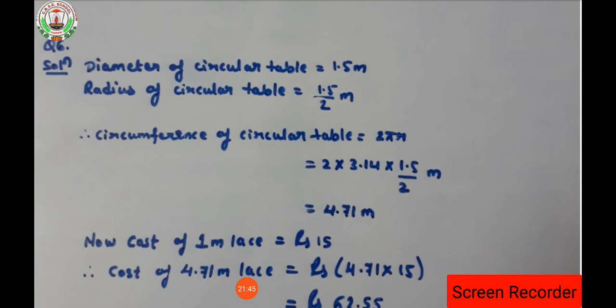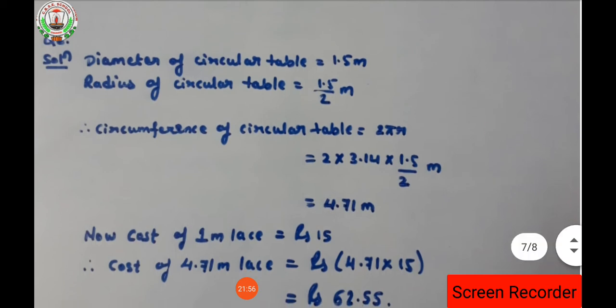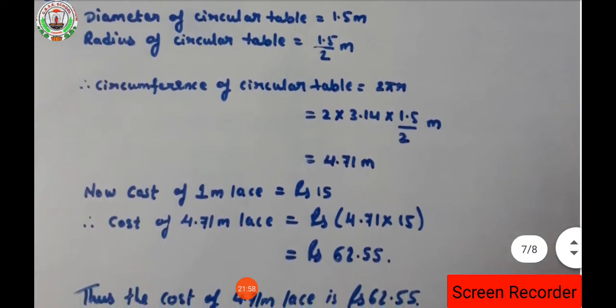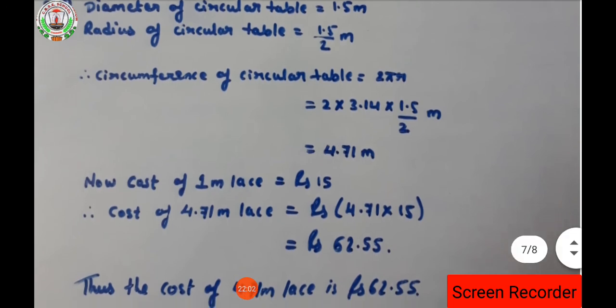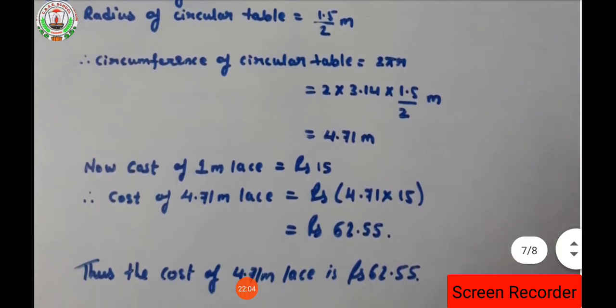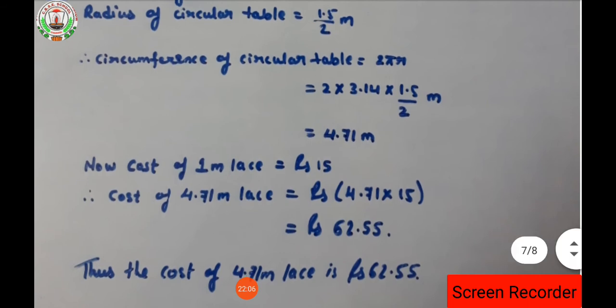Next, sixth question. Diameter of a circular table is given as 1.5 meter. So radius will be 1.5 divided by 2. Then with the help of this radius we are going to find the circumference of the circular table. That is 2 into 3.14 into 1.5 upon 2 meter. While doing the calculation we will get the answer as 4.71, isn't it?